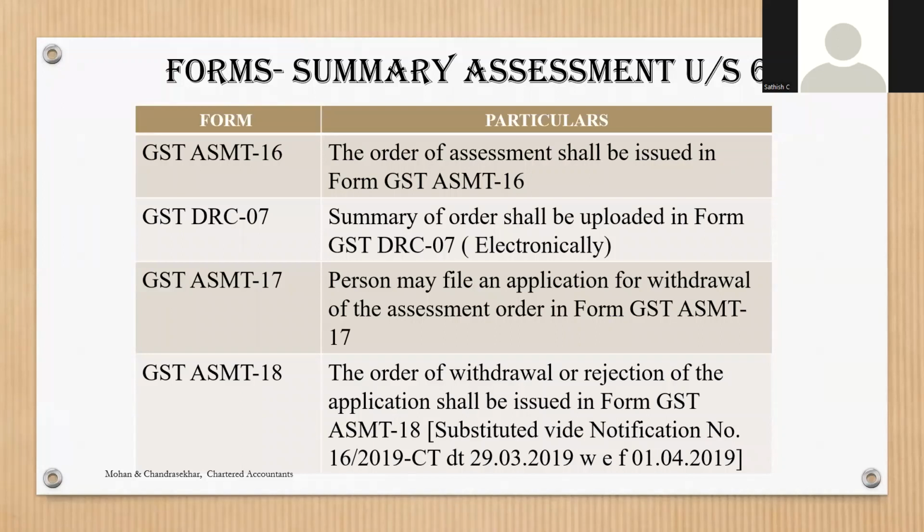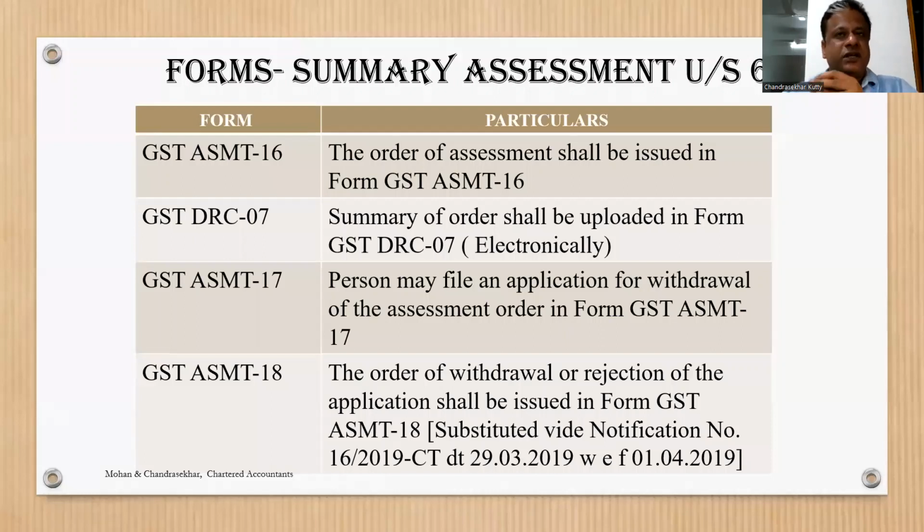Somewhere the department gets the information through 26AS or some other sources. What is the procedure to be followed? My understanding based on the discussion is that you can scrutinize only the return and the particulars furnished by the concerned taxpayer, right?